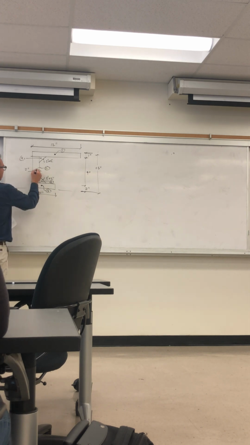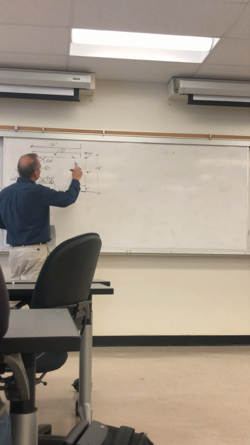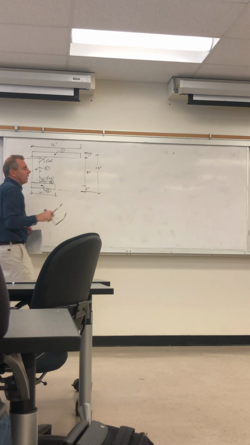This distance up to this centroid is 6.5 inches. It's half of 9, which is 4.5, plus 2, that's 6.5. To the first one, it's 11.5, that's this dimension there.